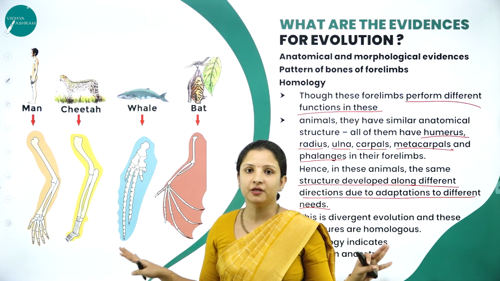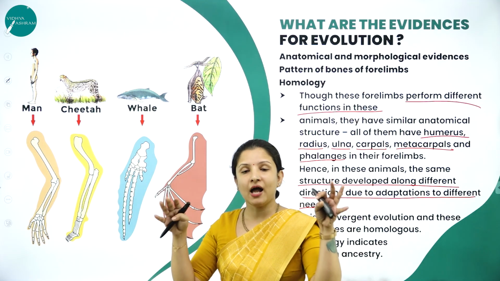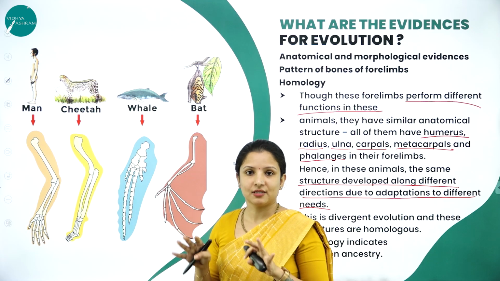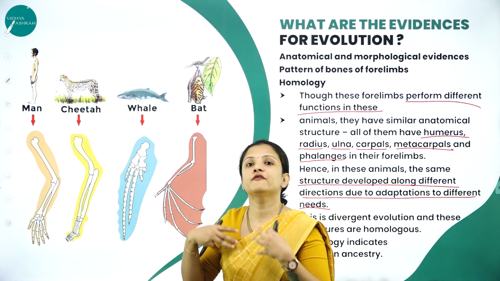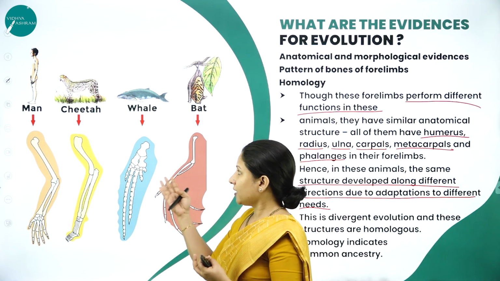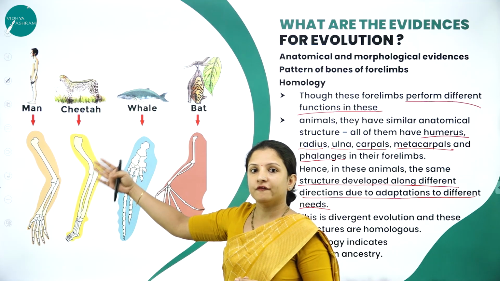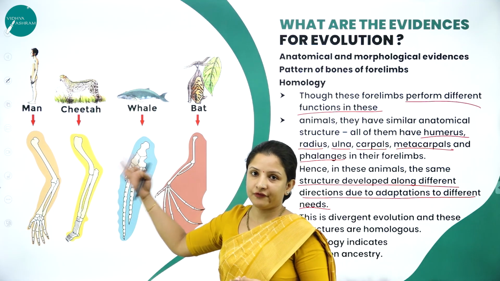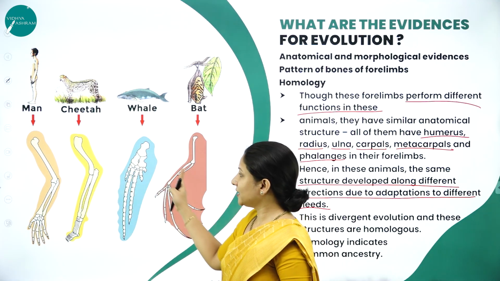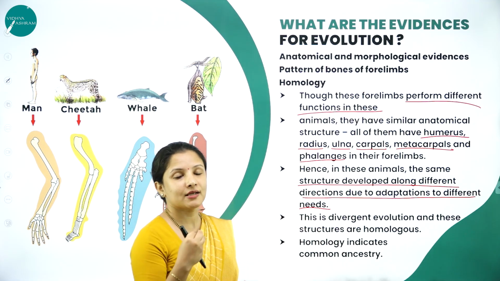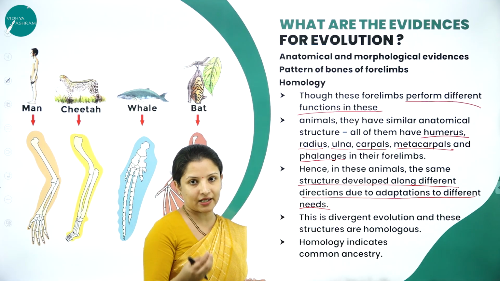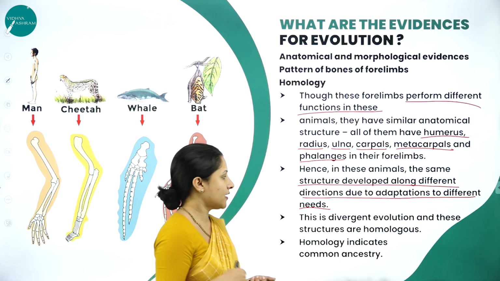No, they need flippers to swim. So depending on the habitat in which these organisms are living and depending on the mode of locomotion, the morphology of their forelimbs has varied, but still anatomically they are similar. So these are the things that anatomical and morphological evidences prove the theory of evolution.